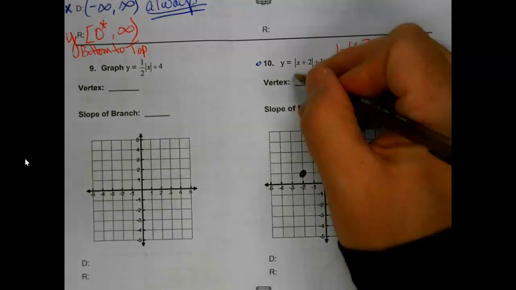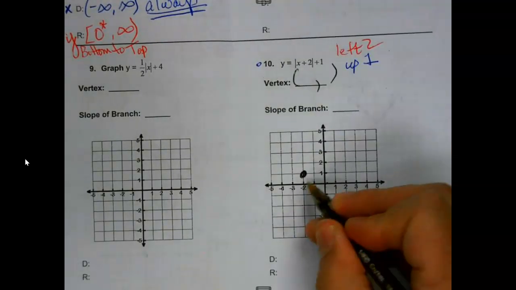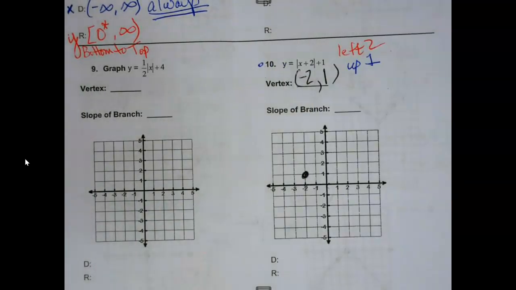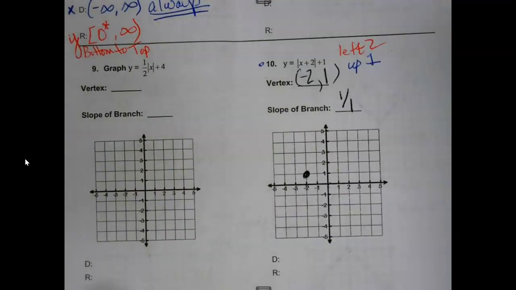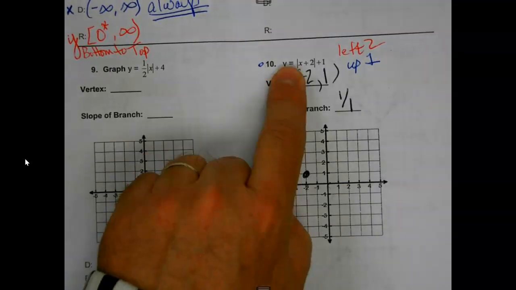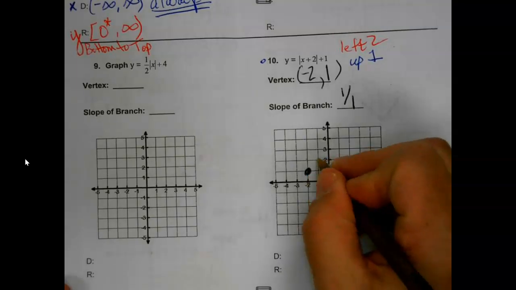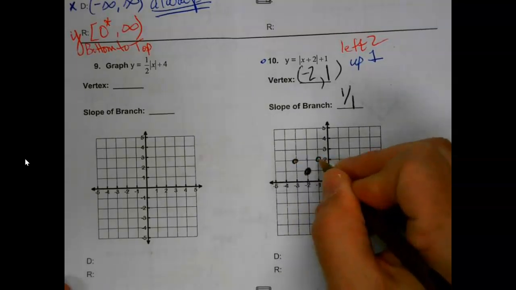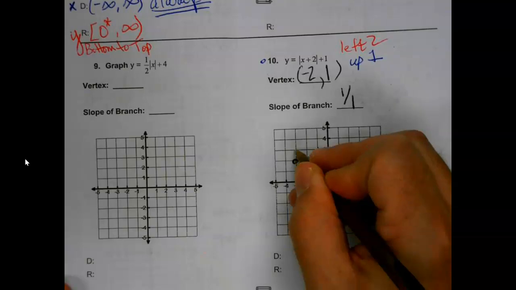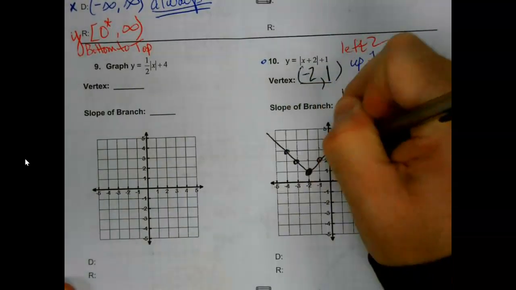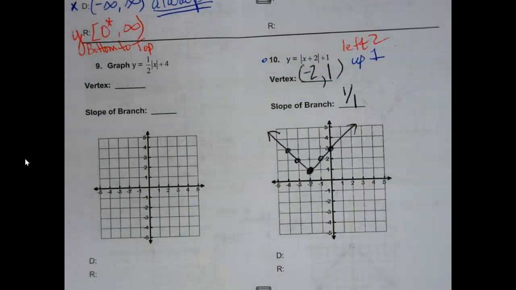That's my vertex, so I went to -2, +1. Wherever that first point is going to be my vertex. My slope, there's no number in front this time, so it's just 1. So up 1, over 1 each way. We stretch that out.